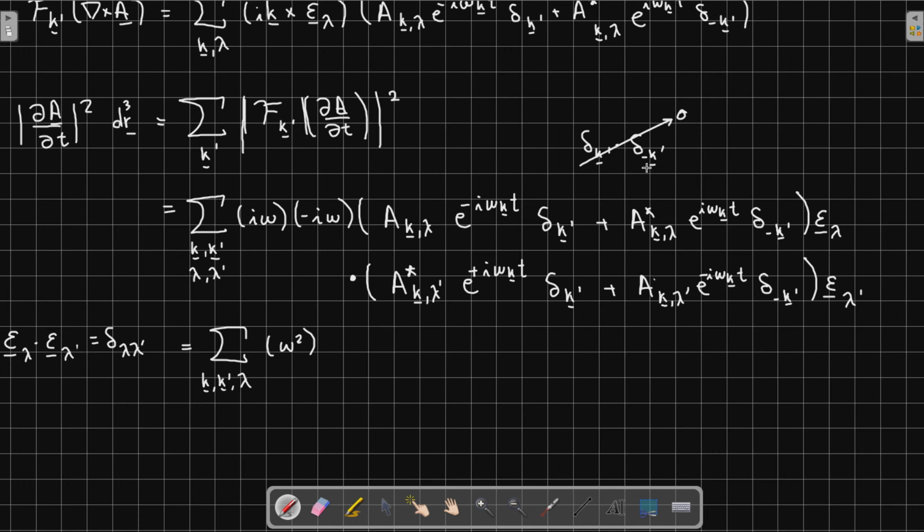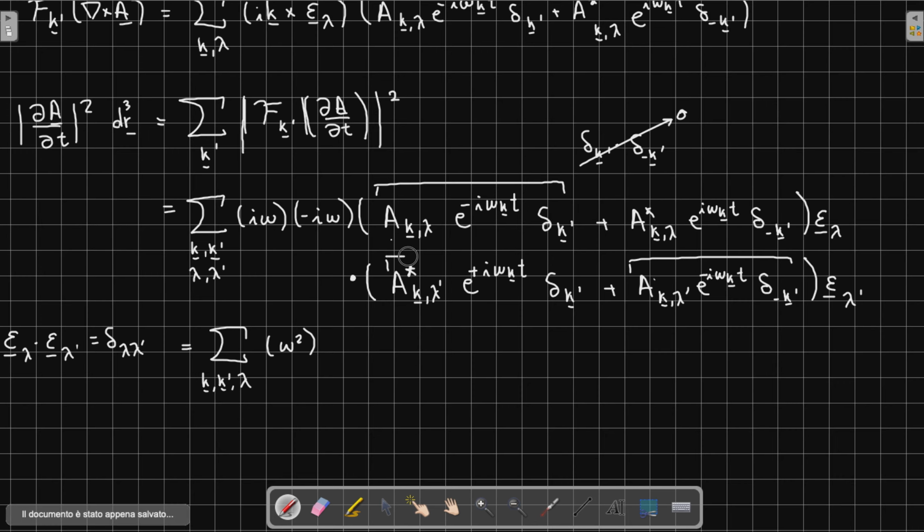And clearly the only vector satisfying this is the 0 vector, and the wave vector that is the 0 vector is not very interesting. So for all physical cases, the cross terms, such as this one multiplied by this one, will cancel out because the delta functions are not appropriate.